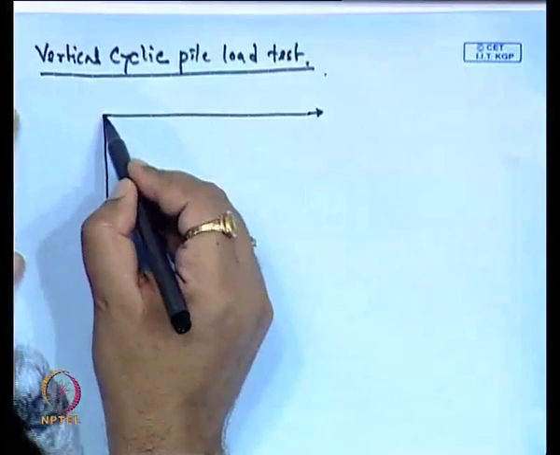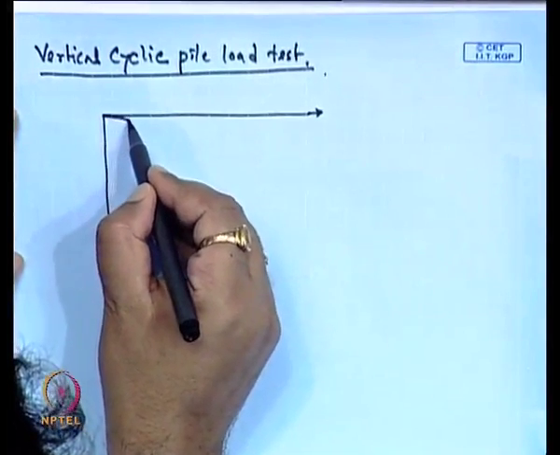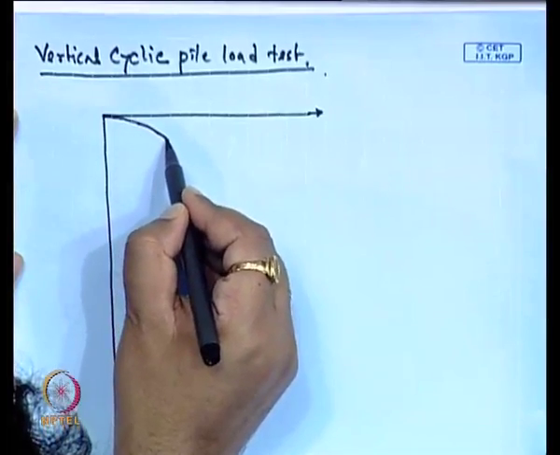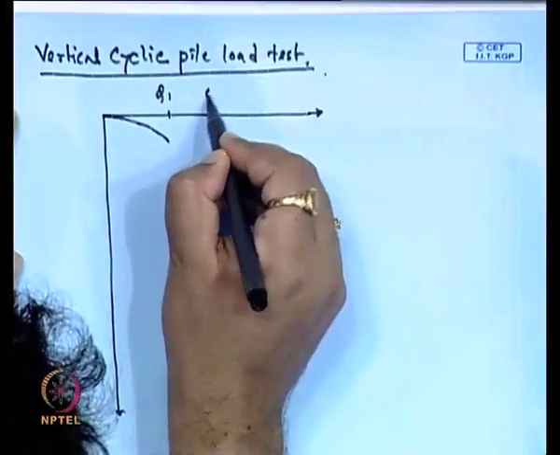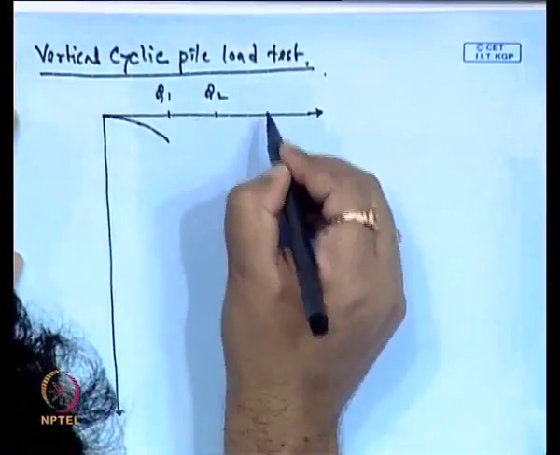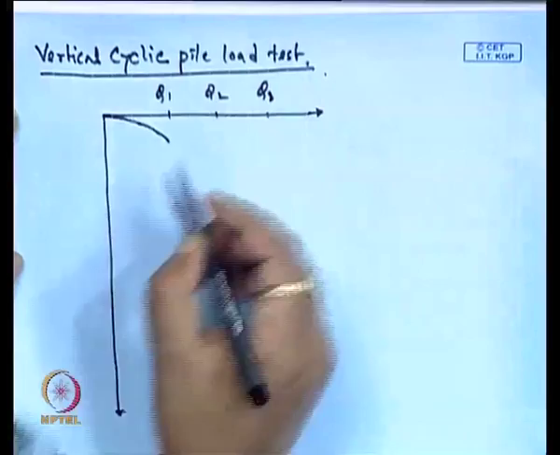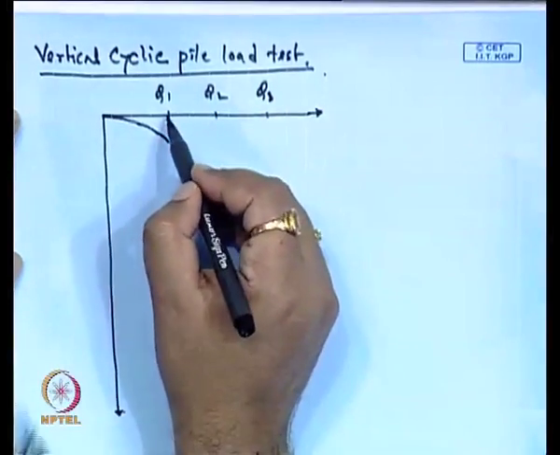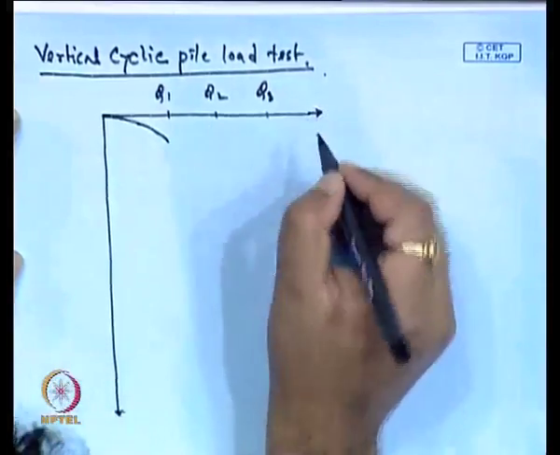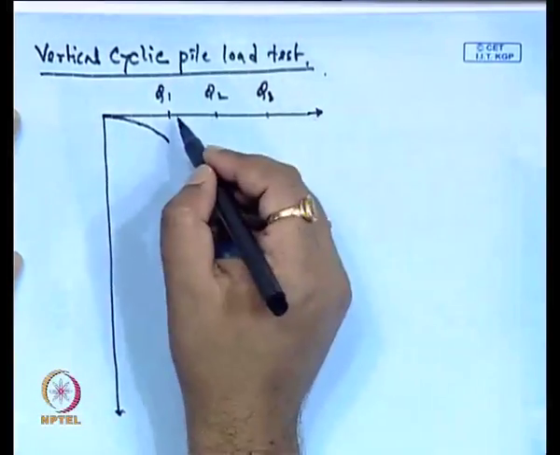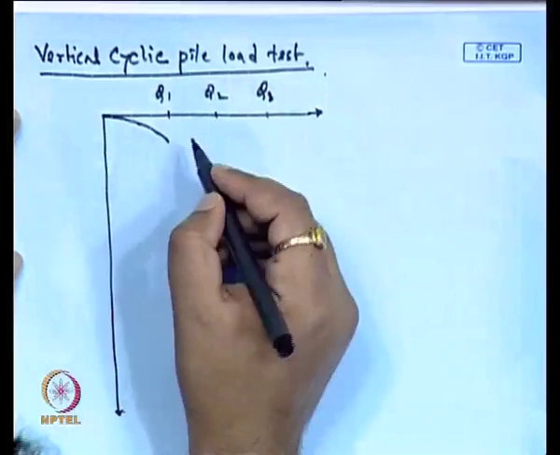For the static load, these are the different loads, Q1, Q2 and Q3. These are the different increments, because we are applying the load in 20% increments.